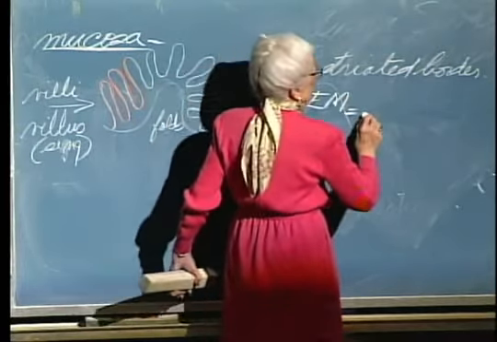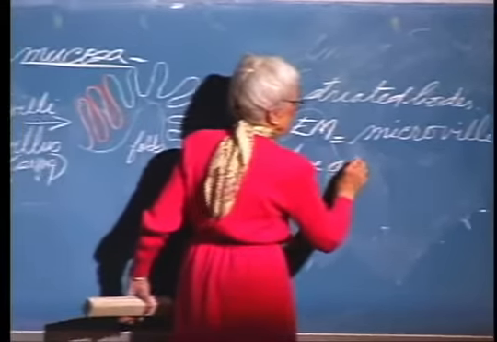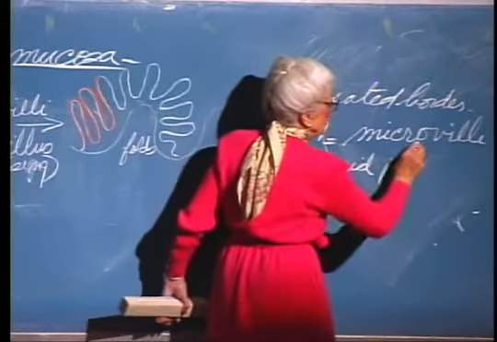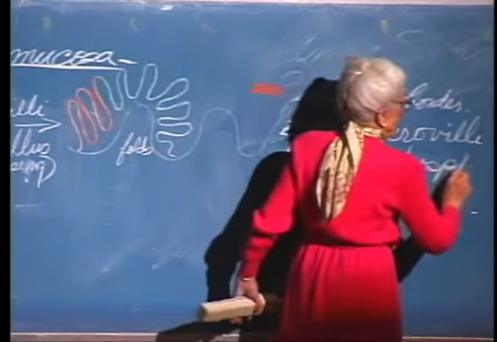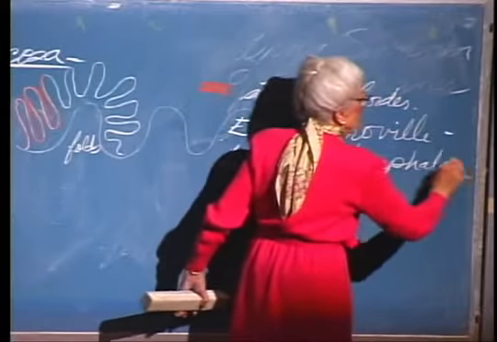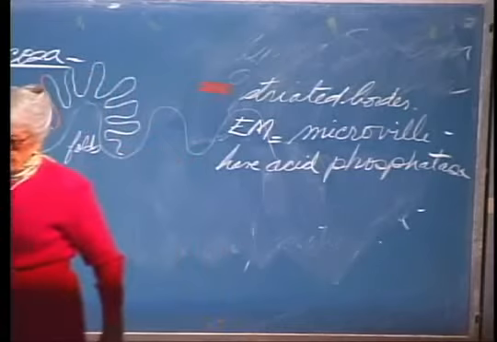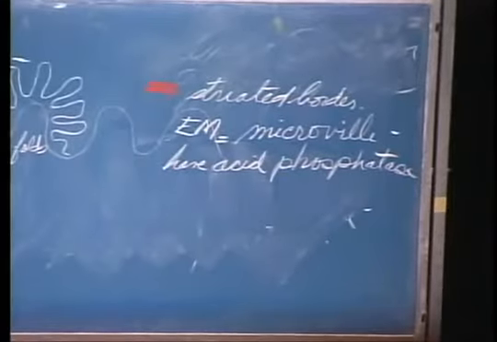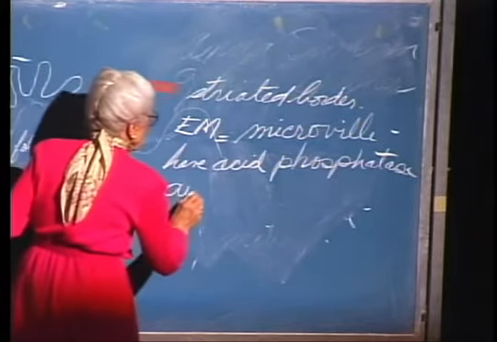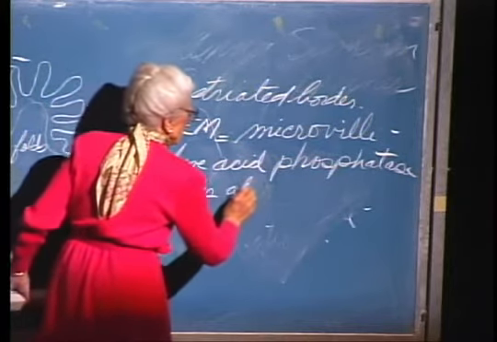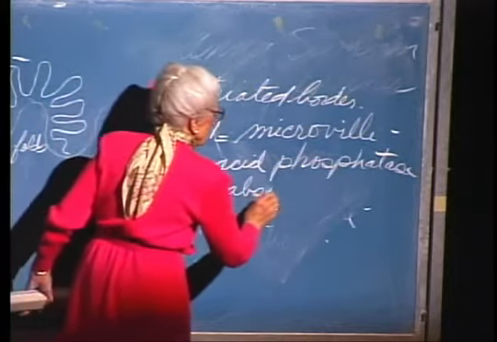And to show one important function related to them, they're filled with acid phosphatase, and that will then enhance the absorption of calcium. We'll just put aids absorption of the calcium ion.